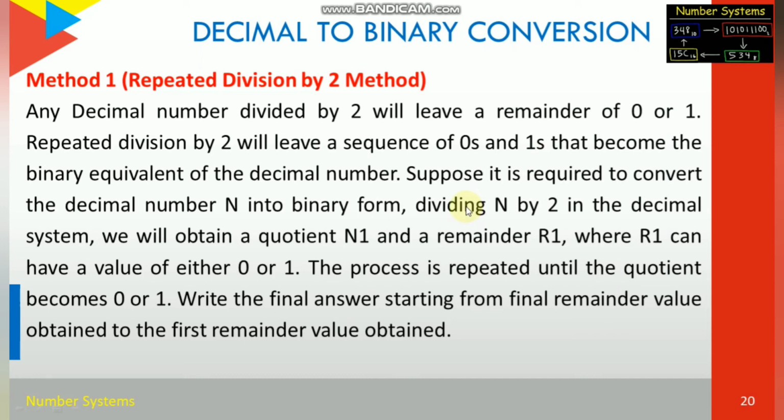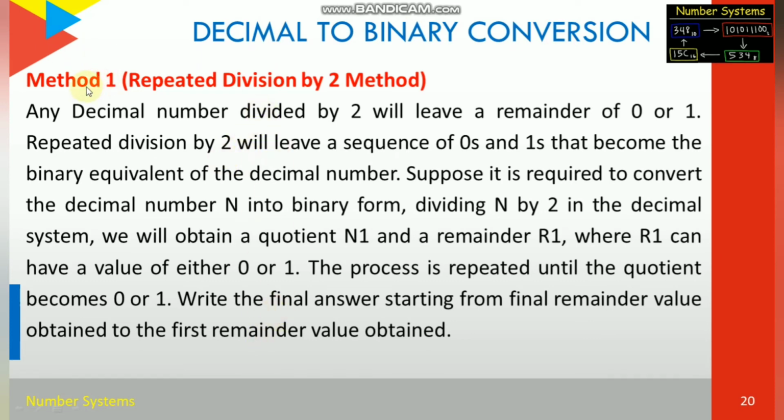So now we are moving to the next subtopic, that is number system conversion. Number system conversion is in 2.4, and in that the first conversion is decimal number system to binary number system conversion. Alright, so here they have given two methods.